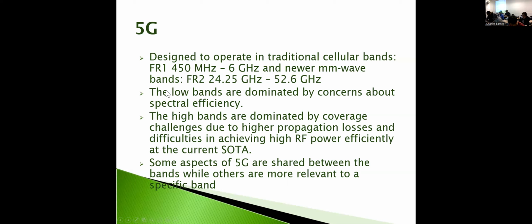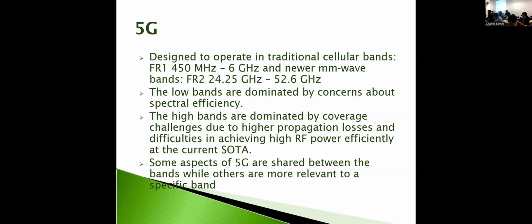So yeah, the low bands are still dominated by concerns about spectral efficiency. We just don't have enough bandwidth for all the users that want to use it. The high bands are dominated by coverage challenges due to higher propagation losses. You're going to have much higher losses at these millimeter waves, like when we try to penetrate through a wall, or just trying to send a signal multiple miles.